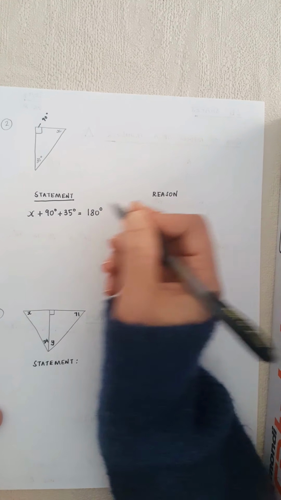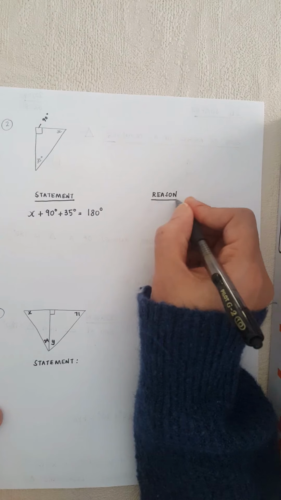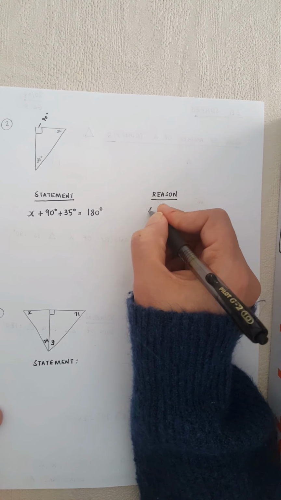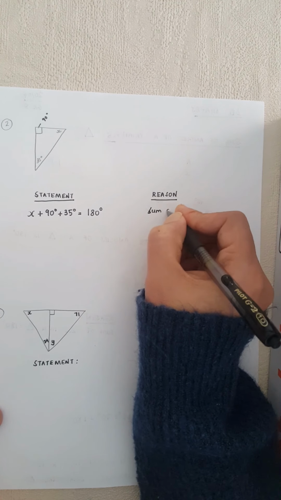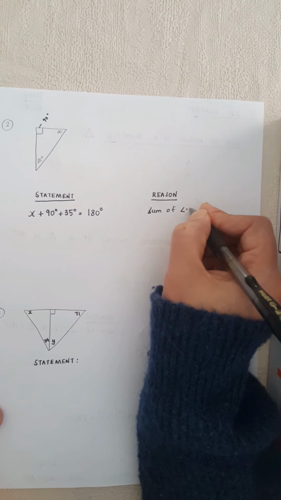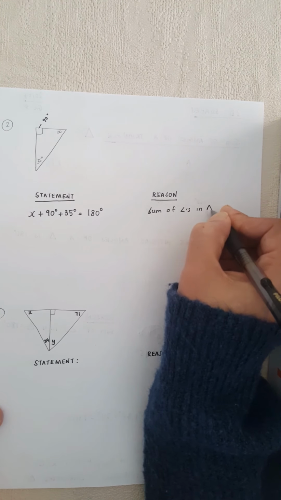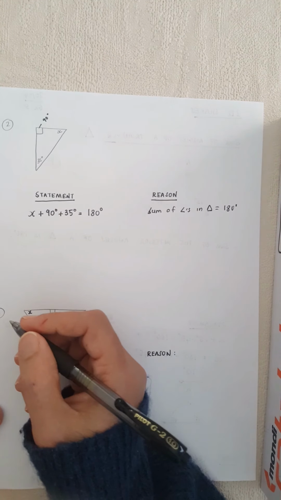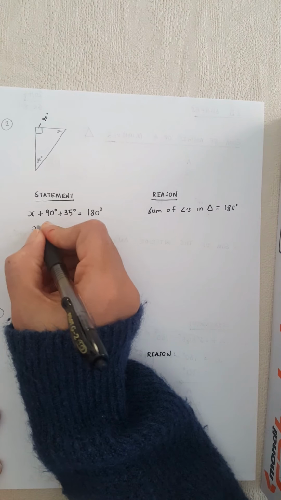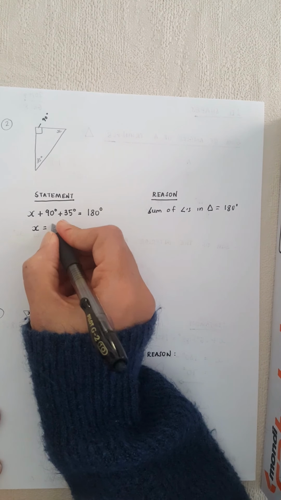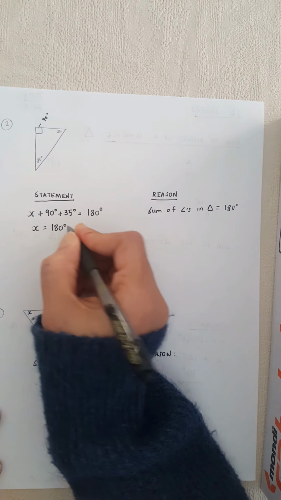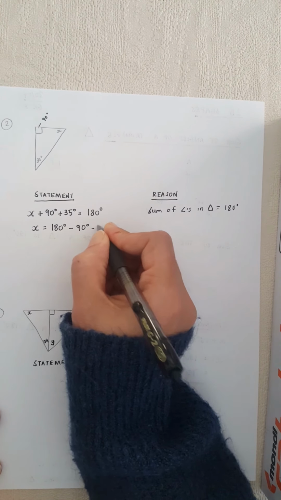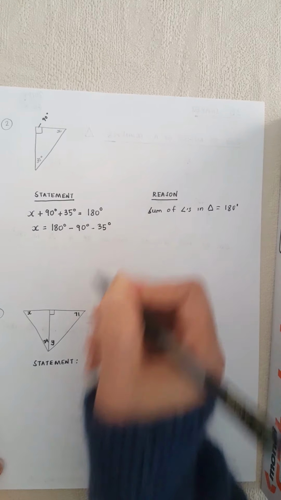I've written down a statement. Now I must prove my statement, right? Why did I say that? Sum of the angles in a triangle are always equal to 180 degrees. Now I'm going to solve for my x. I've showed you how to do it, so I'm just going to do it quickly. 180 degrees minus the 90 degrees minus the 35 degrees.